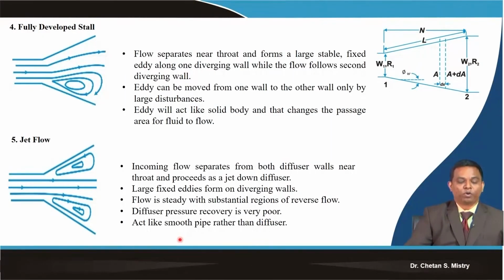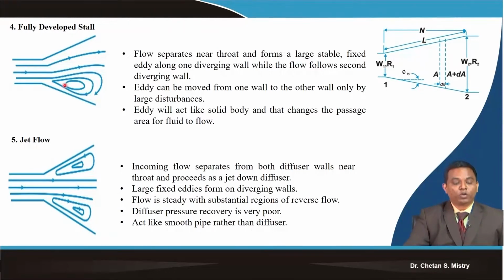So here if you look at what is happening, my flow will get separated from one of the walls and that gives the flow reversal. So you can say this is a region that is making an eddy. Okay, you can say there is low momentum fluid present in that particular region. So if I consider low momentum fluid, I can say in that particular region my velocity will be nearly 0.